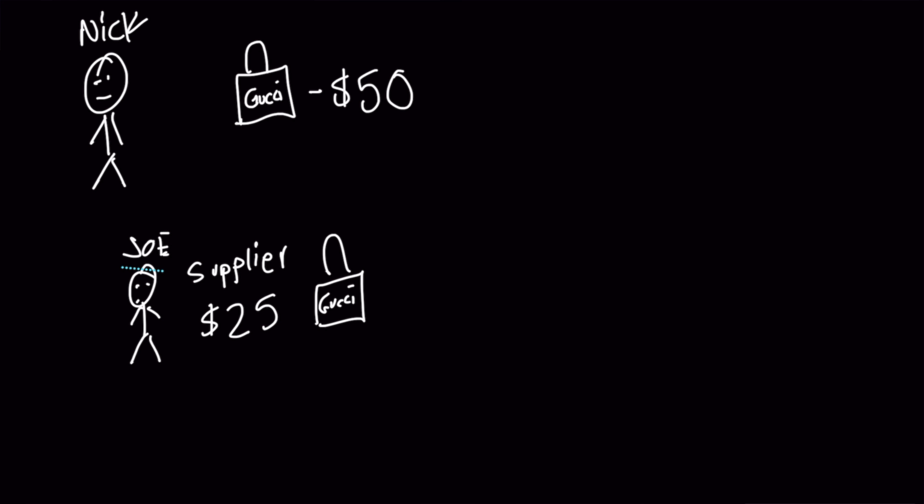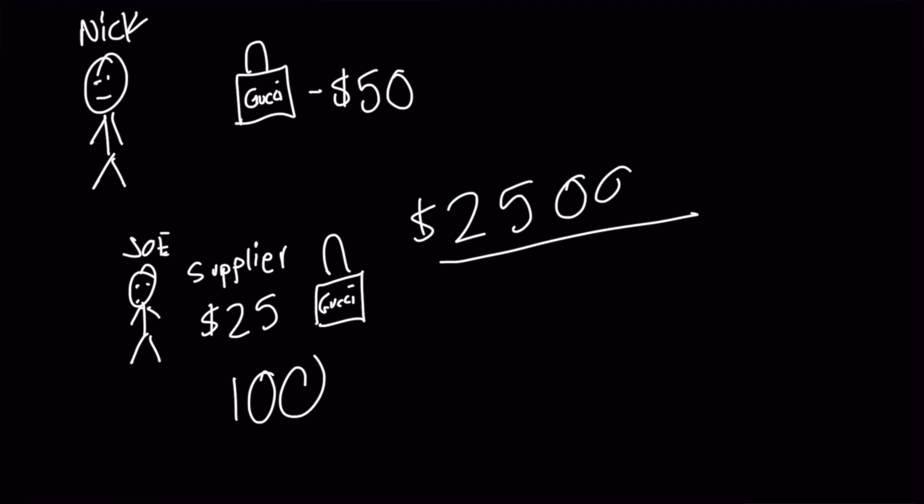And Joe was selling those Gucci purses for $25 each, if only Nick could buy 100 of those Gucci purses. So Nick had to pay $2,500 for the right to own 100 Gucci purses.